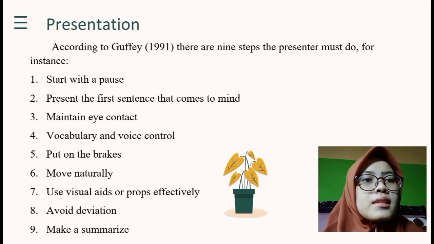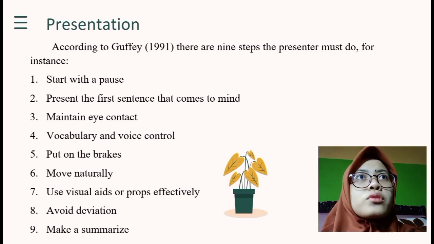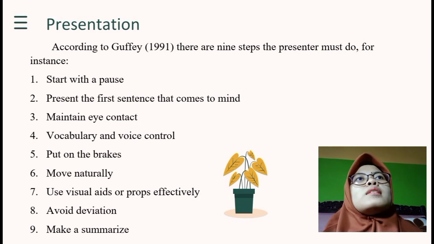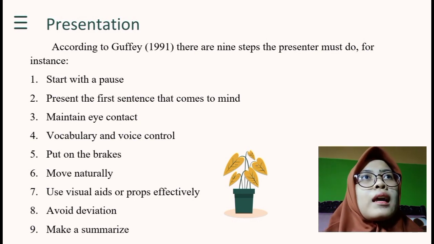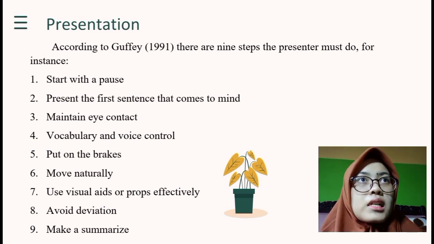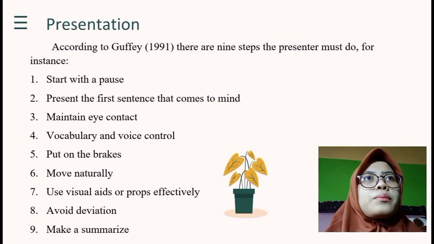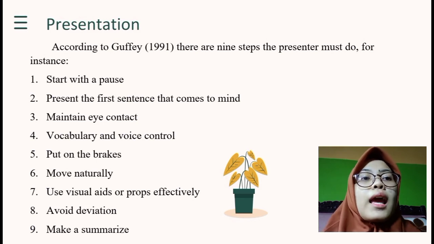For instance, start with the pause, present the first sentence that comes to mind, maintain eye contact, vocabulary and voice control, put on the brakes, move naturally, use visual aids or props effectively, avoid deviation, and the last one is make a summary. Now let's take a look at start with the pause.